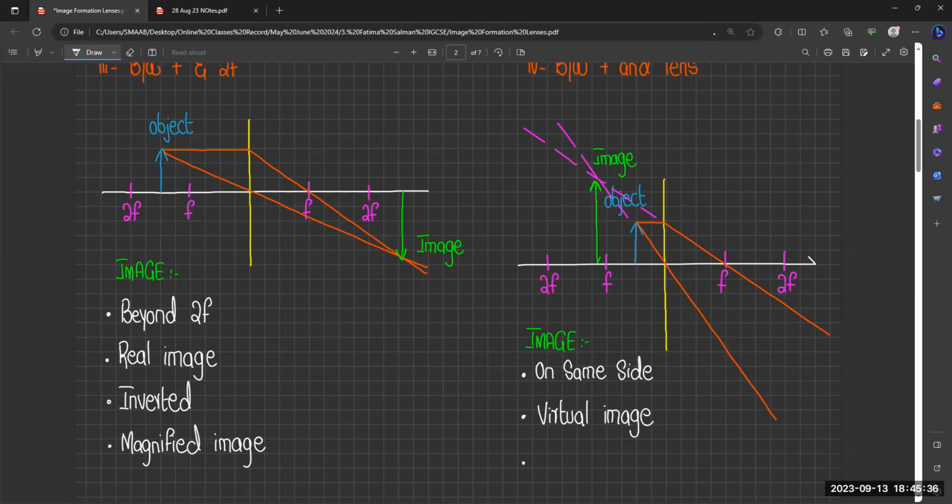Third one is it is upright, because you can see both are in the same position, the arrow is in the upward direction.